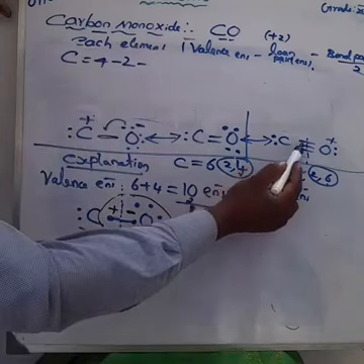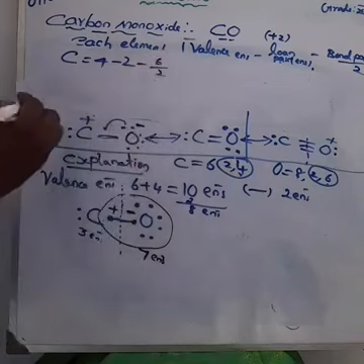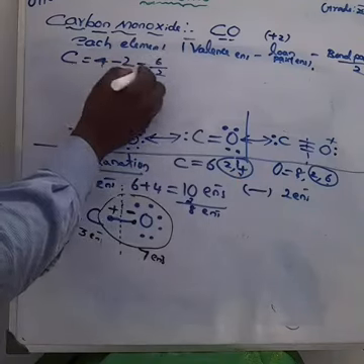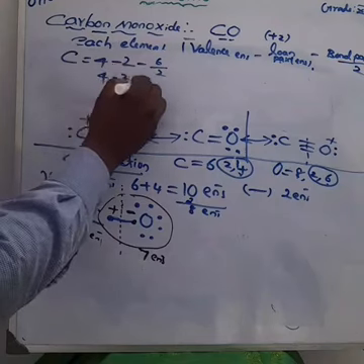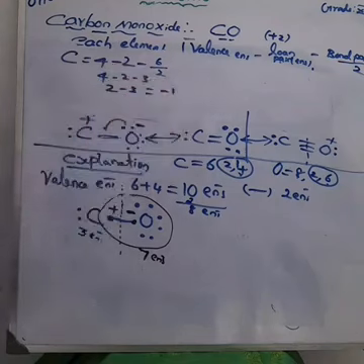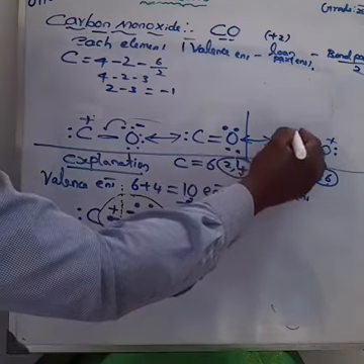Here having 3 bond pairs, 3 into 2 is equal to 6 by 2. So 4 minus 2 minus 3. 4 minus 2 is 2, 2 minus 3, so we get minus 1. So carbon has minus 1 charge.